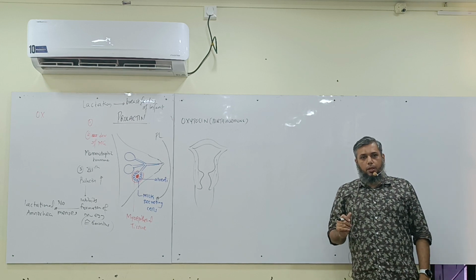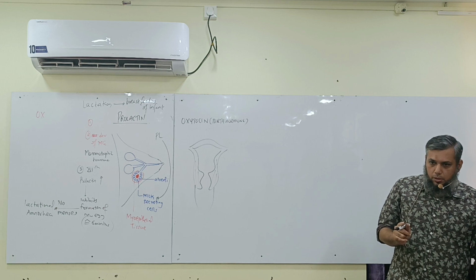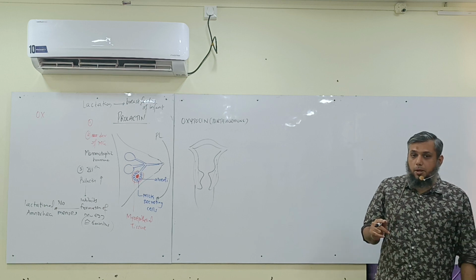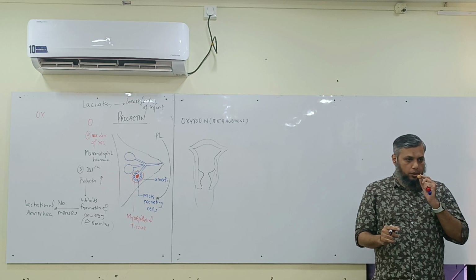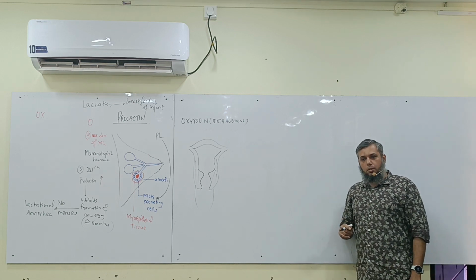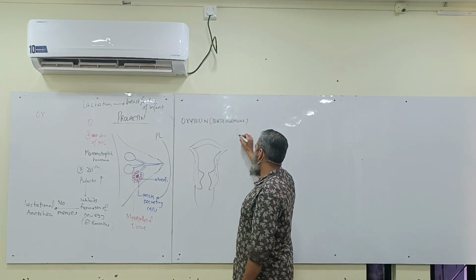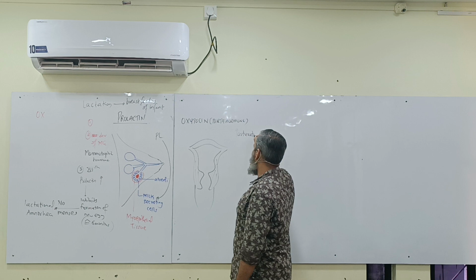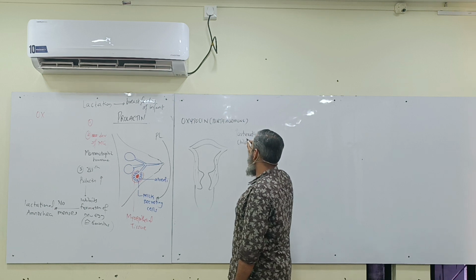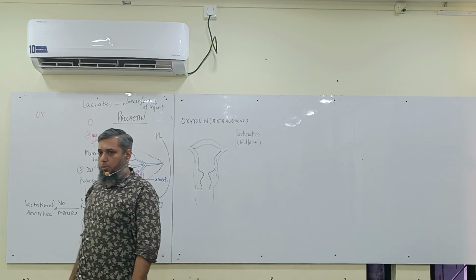Posterior pituitary. Is oxytocin synthesized by the posterior pituitary? It is synthesized by whom? The hypothalamus. Oxytocin is popularly called the birth hormone because it is responsible for parturition, that is childbirth, or commonly called delivery.